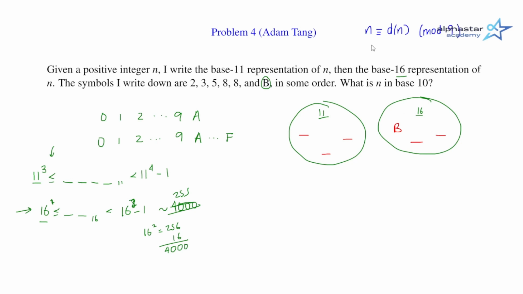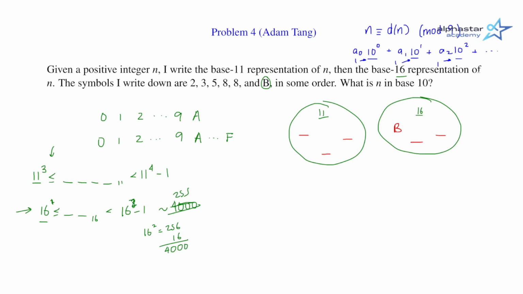We can derive this by imagining writing the base 10 representation out like this. Notice that all of these powers of 10 are congruent to 1 to the power of 0, 1, 2, and so on. So these are actually just all 1, and you can verify, right? 100 is just going to be 99 plus 1, and so on. So actually, this is just equivalent to the sum of the digits.